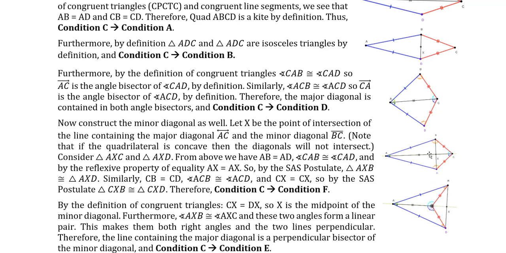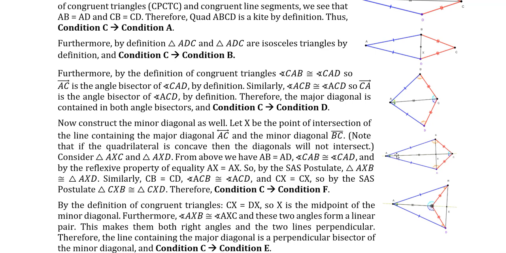Now, what we're going to do is show that they are congruent to each other. How do we do that? We've already shown that these two big triangles are congruent, so that means that this angle here, BAX, is congruent to DAX. So these two angles right here are congruent, and then these two sides are congruent, and then the side AX is congruent to itself.